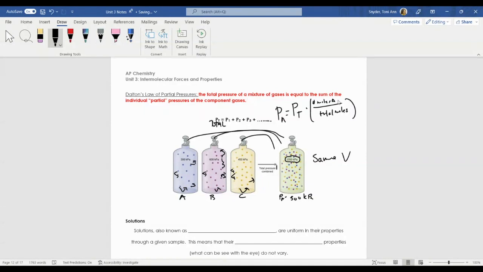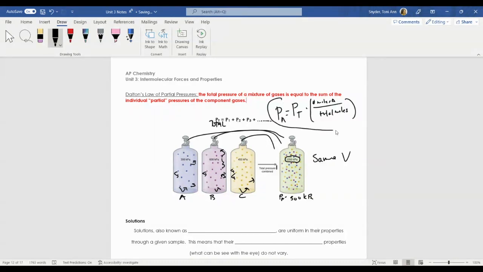This is basically giving us a percentage. So what percentage of that particular canister is A? And if it's 30%, right? 30% of the total would give me the partial pressure of just that individual gas.